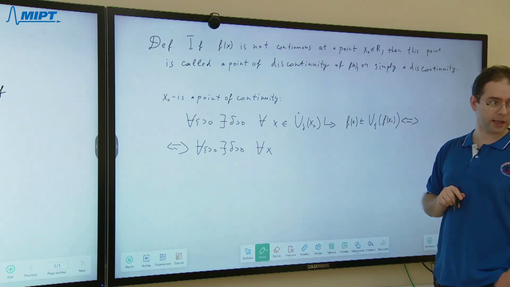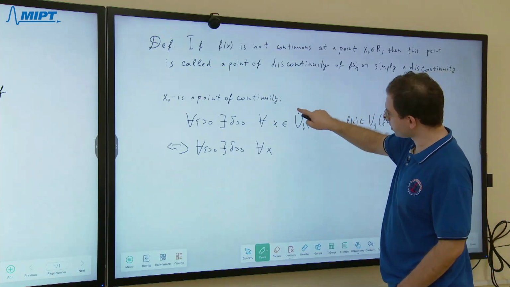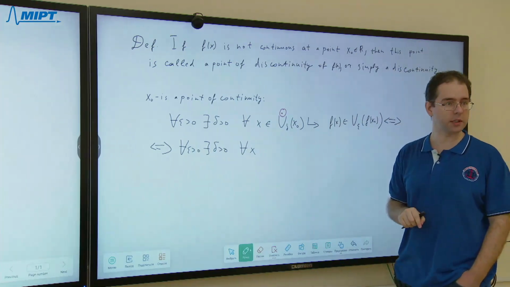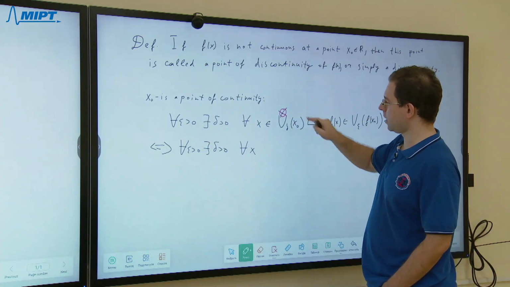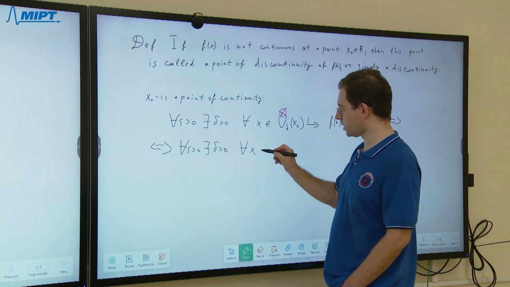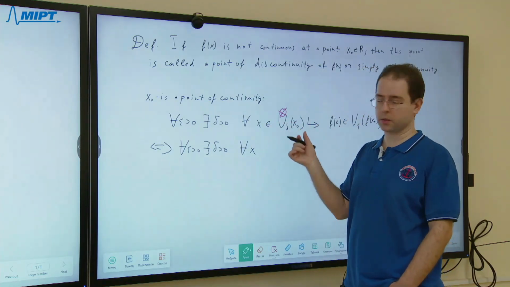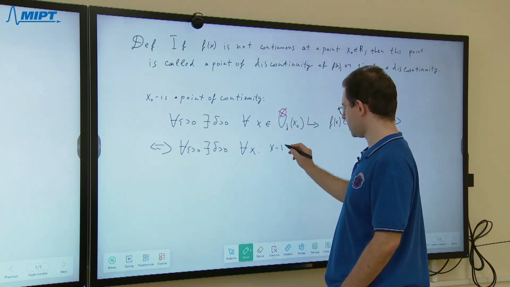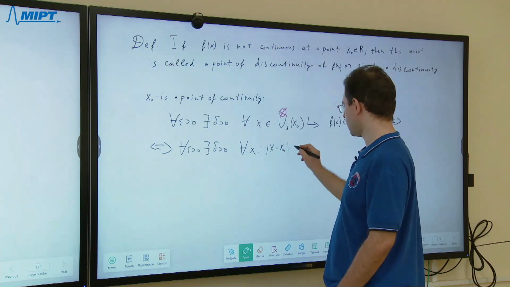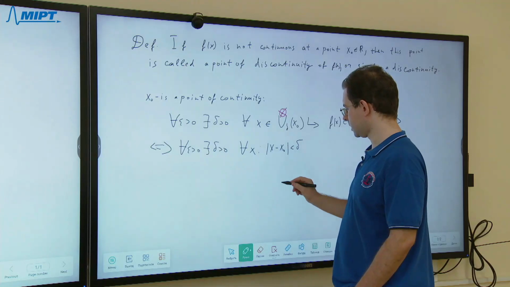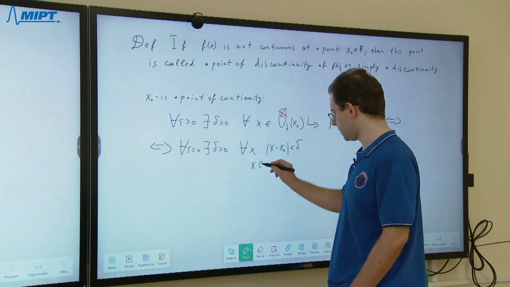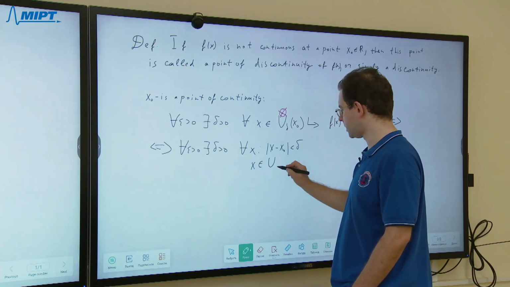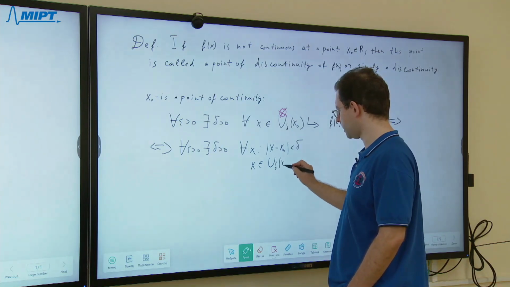So in this case, I can relax this restriction. I don't really need it. So I can write that x is just from delta neighborhood, or as an inequality, absolute value of x minus x0 less than delta, which is the same as x being from not deleted delta neighborhood of x0.